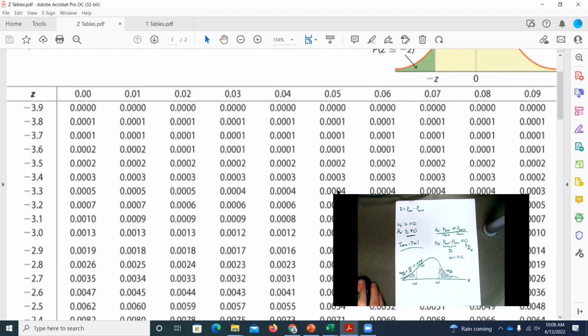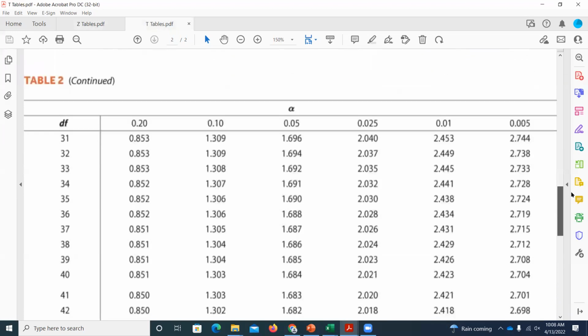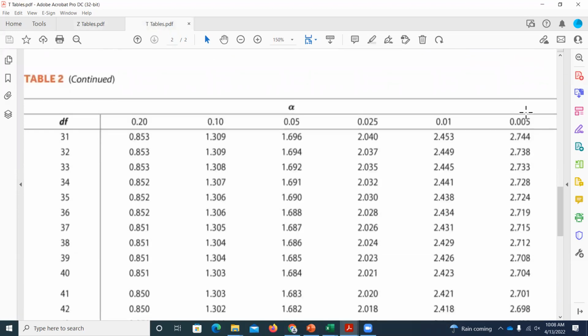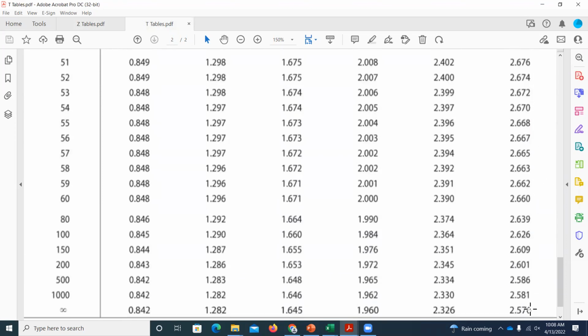Or I can use that very last row of my t-table. This gives me the standard normal values out to the third decimal. So I just go up here. I wanted 0.005 in each tail, right? So I scroll down. The z value that would give that to me, instead of being between 2.57 and 2.58, I can go out to that third decimal, it's 2.576.